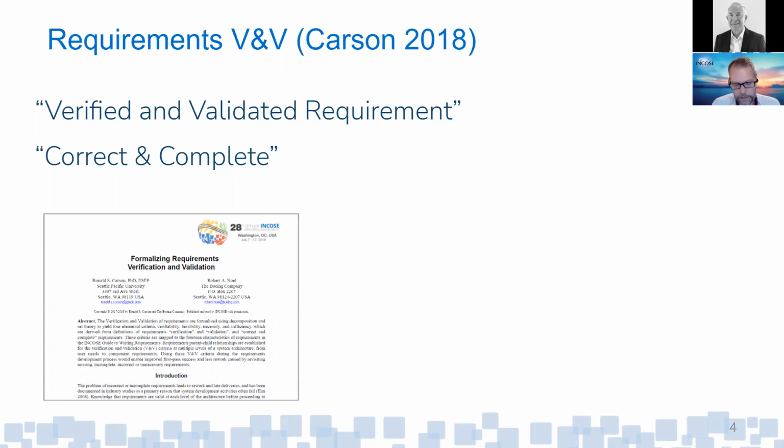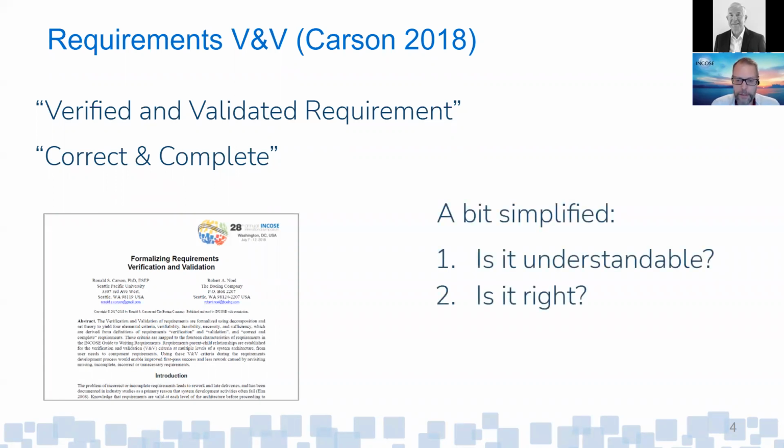If we look at it a little bit simplified and more practically, what is it we're trying to do here? I think there are really two important aspects. The first one: is the requirement understandable? Is it understandable as written? Is it understood as the person writing the requirement intended it to be understood?